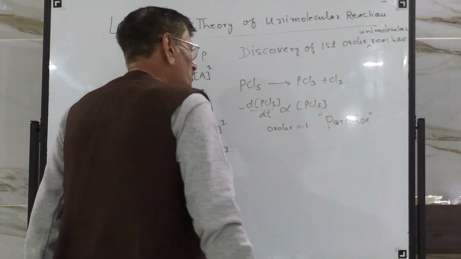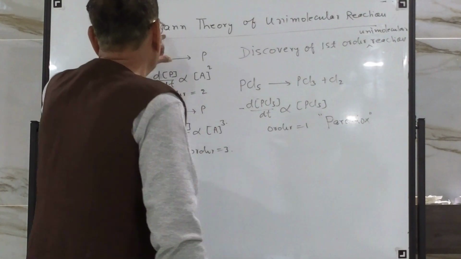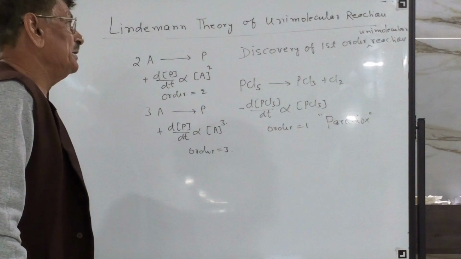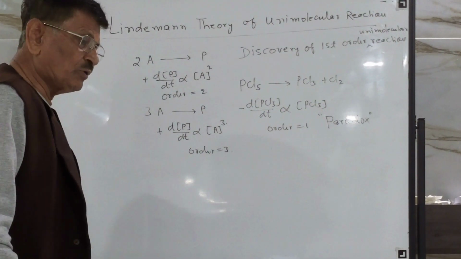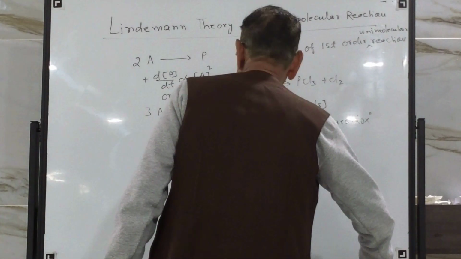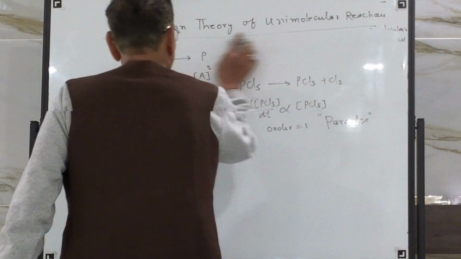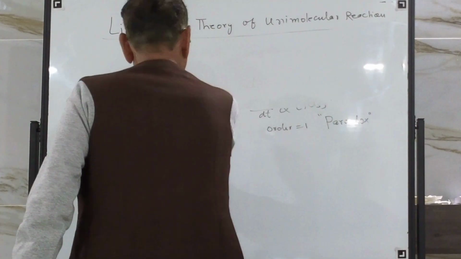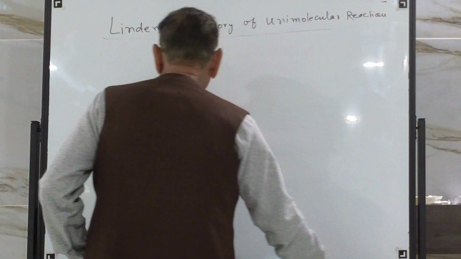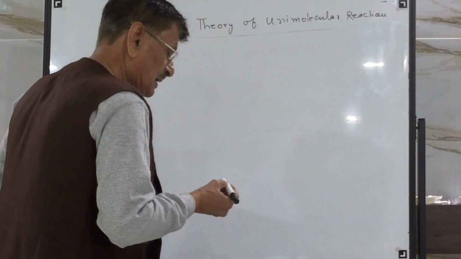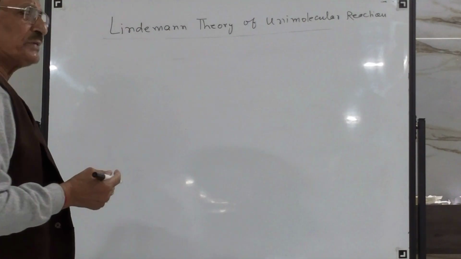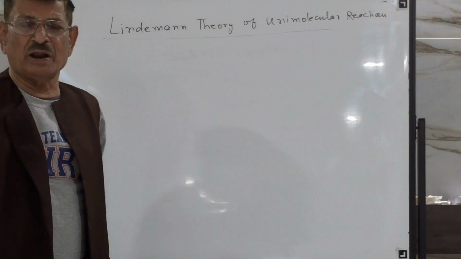The explanation was given by Lindemann, and therefore it is called the Lindemann theory of unimolecular reaction, or the collision theory of unimolecular reaction by Lindemann. According to the Lindemann theory, a unimolecular first order reaction also takes place by bimolecular collision.